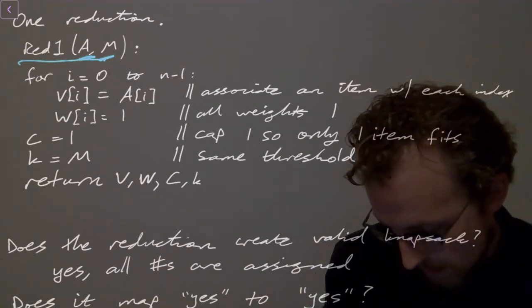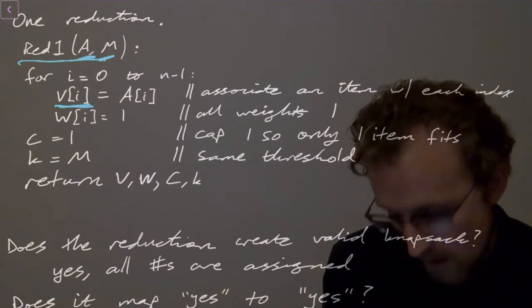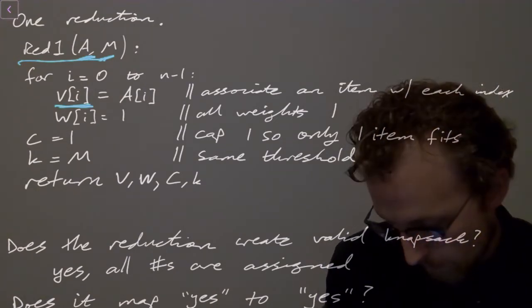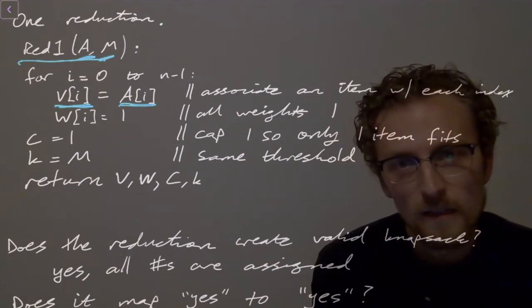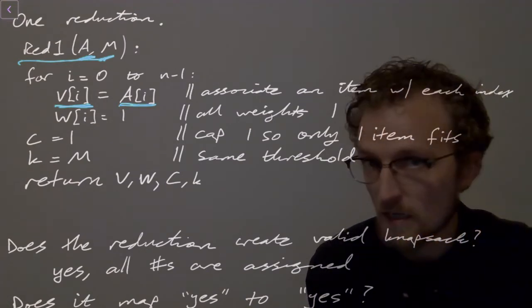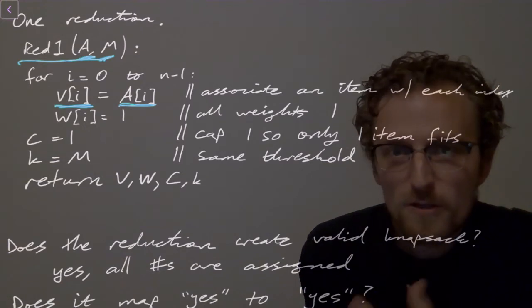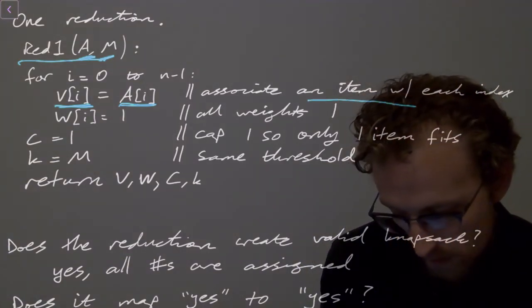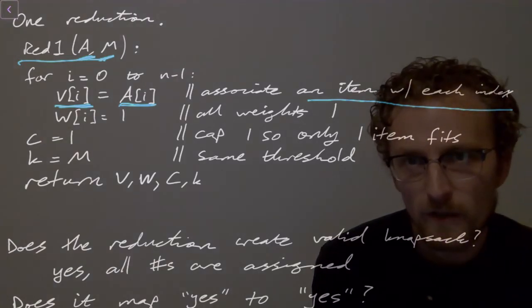Each value of these items is just going to be the number that sits in the input array, the array that we're searching for something that's greater than m. So each item is associated with exactly one index of our input array.